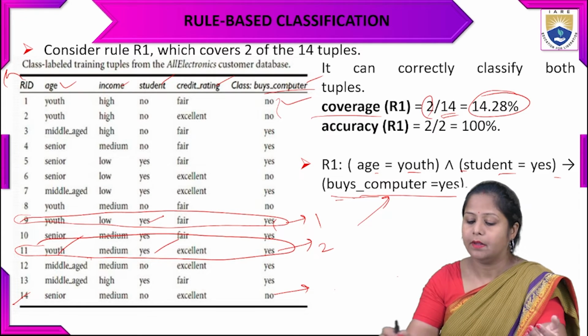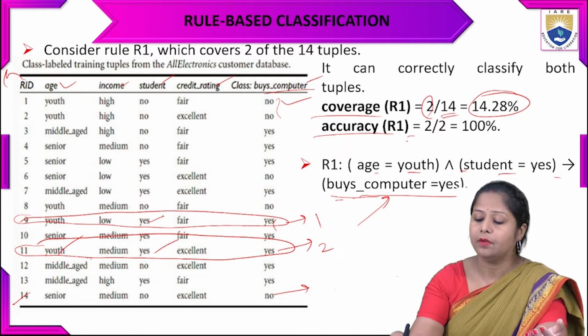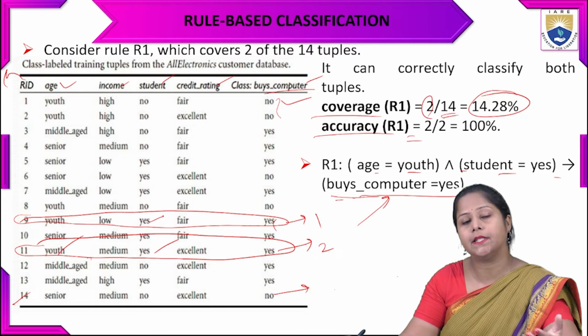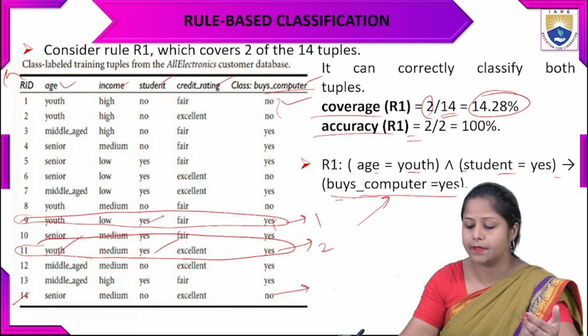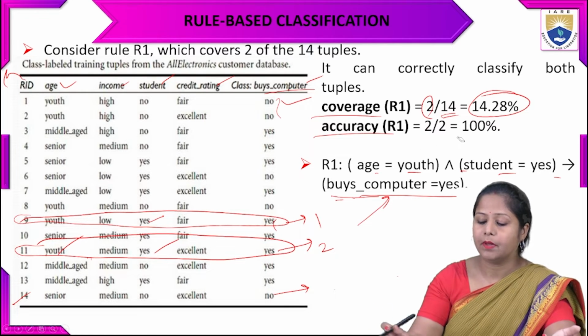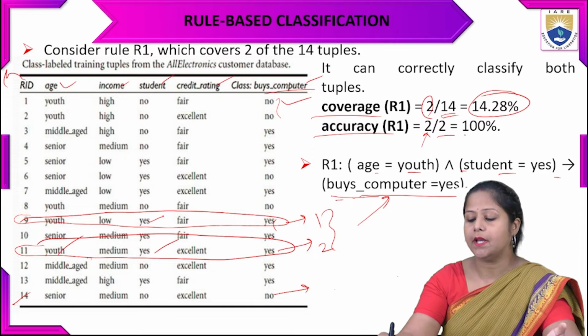How do we get the accuracy from the formula? Accuracy is the number of tuples correctly classified by R divided by the number of tuples covered by R. Here both are 2, so 2 divided by 2, and the accuracy is 100%.